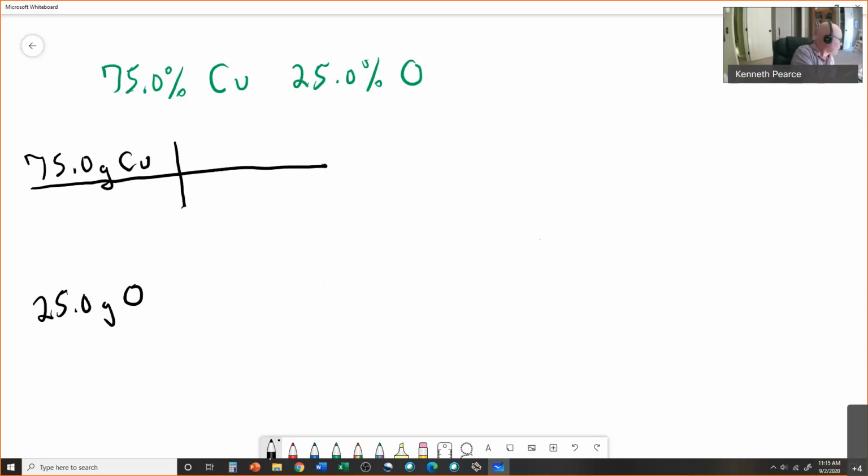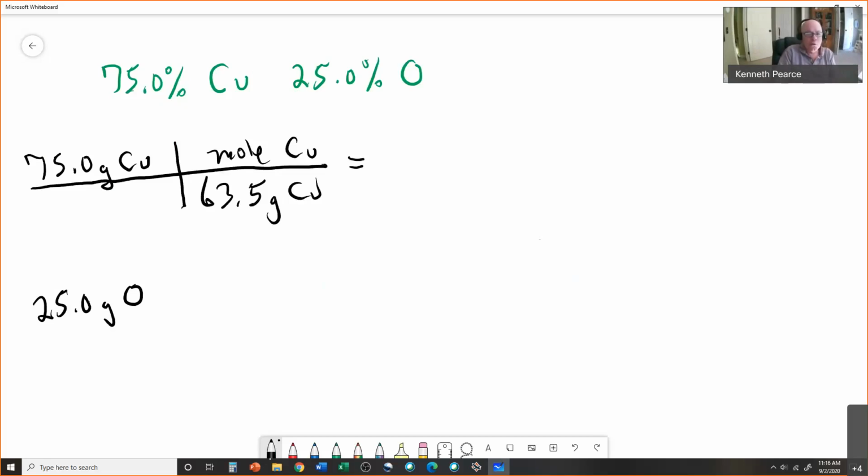And so I look on my periodic table for copper, and I find that copper has a molar mass of 63.5. And so it's 63.5 grams copper for every mole copper. Molar mass of copper I got off of the periodic table, and it's 63.5 grams per mole.